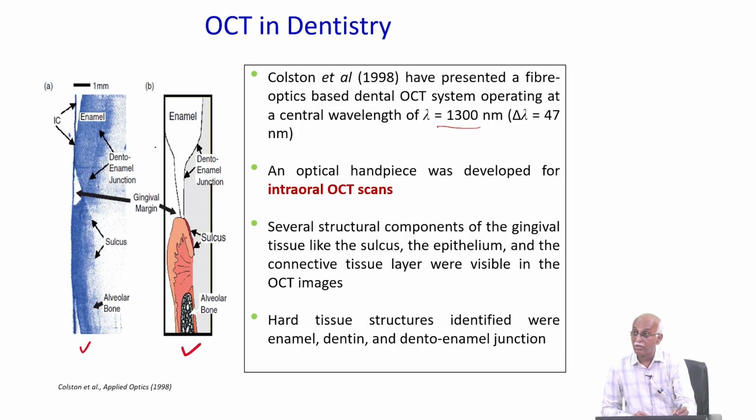This is the pictorial view, while this is the OCT view, and you can see that where there is a refractive index change, a characteristic change, that depicts the enamel layer and the gingival tissue layer. Here you do not require any X-ray source to capture tooth information. You can capture the hard tissue and soft tissues very easily using this OCT technique.